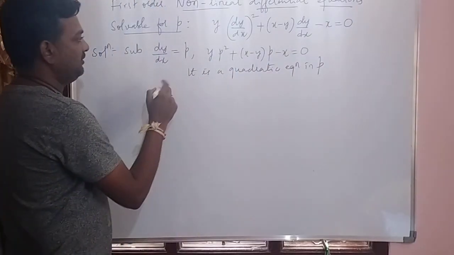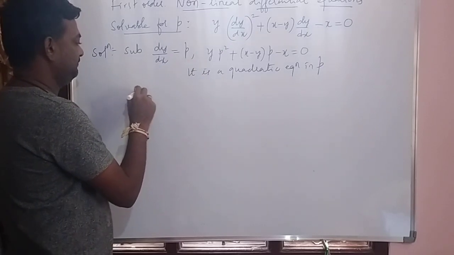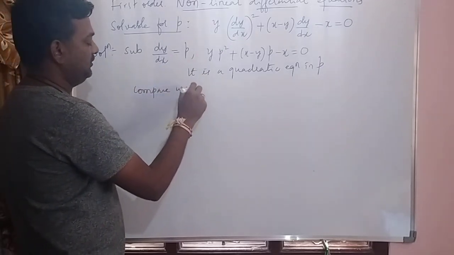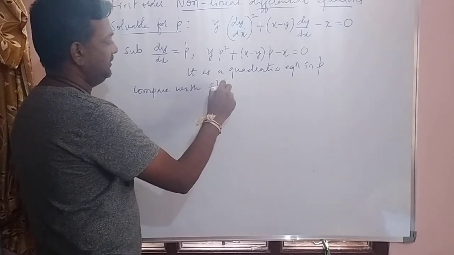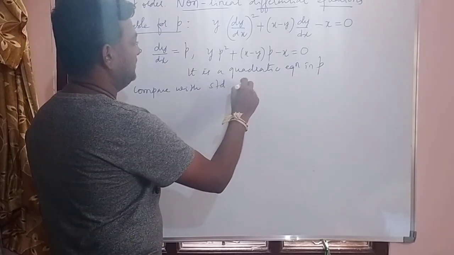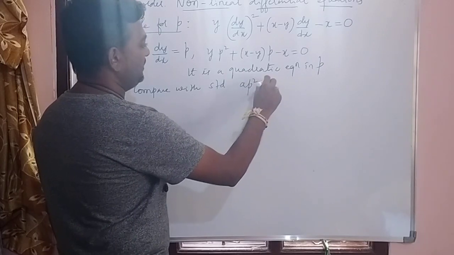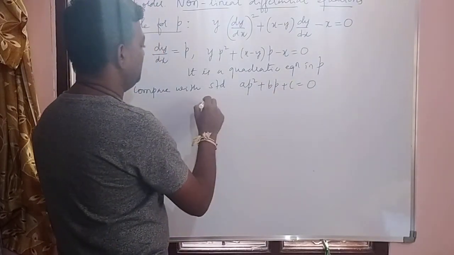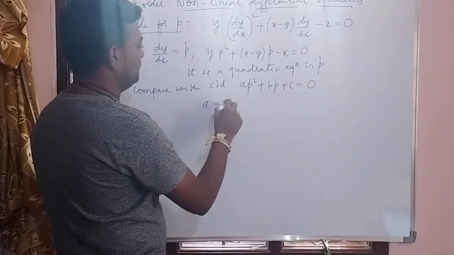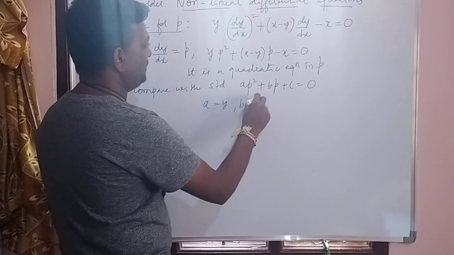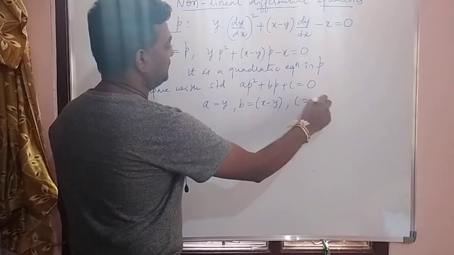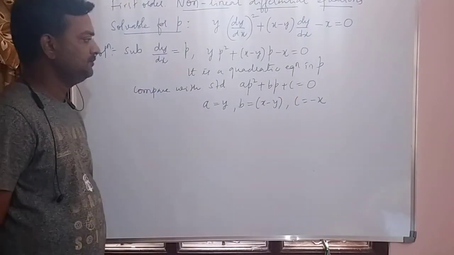Then just you compare with standard, that is, you can write ap square plus bp plus c equal to 0. Then what is the value of a? a is equal to y, b is equal to x minus y, and c is equal to minus x.